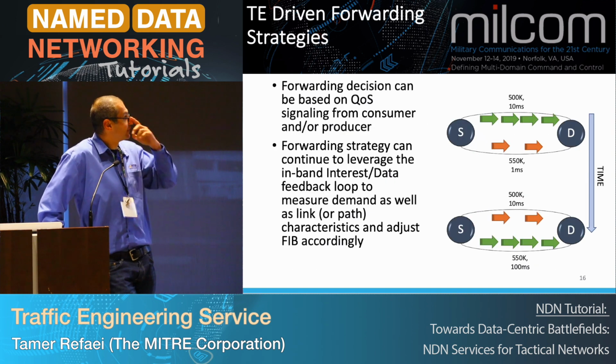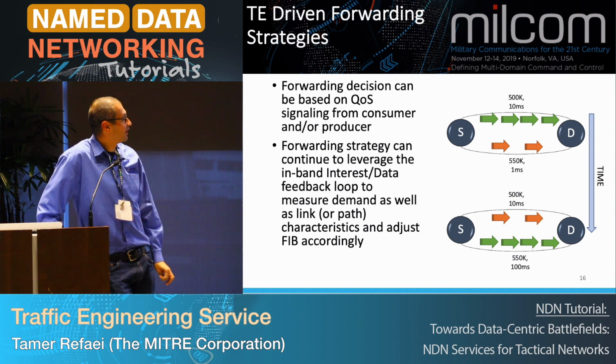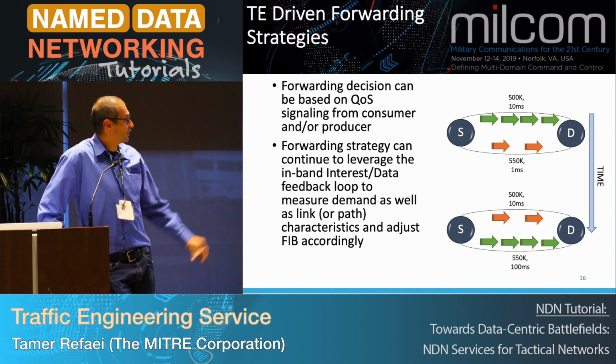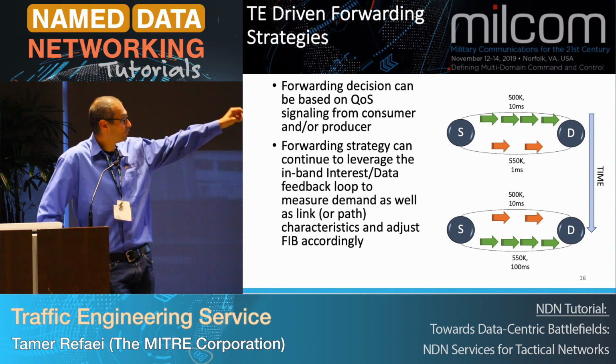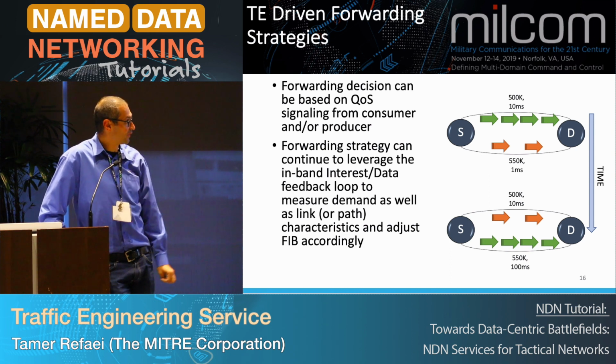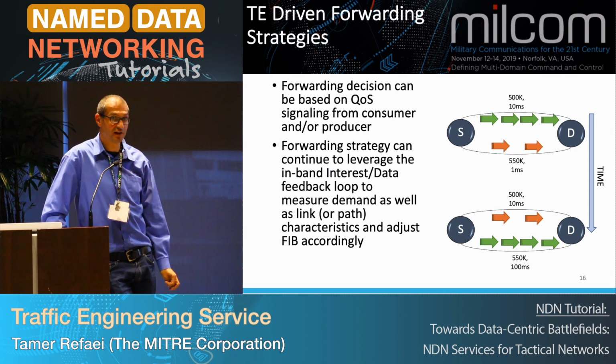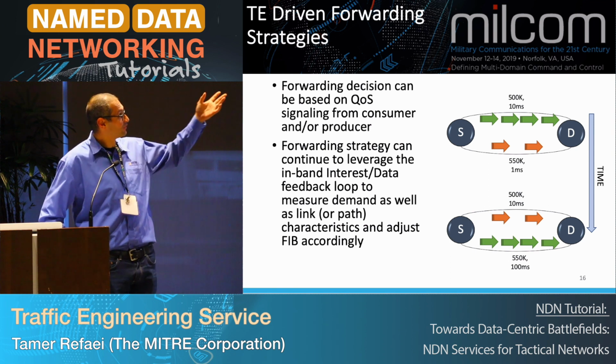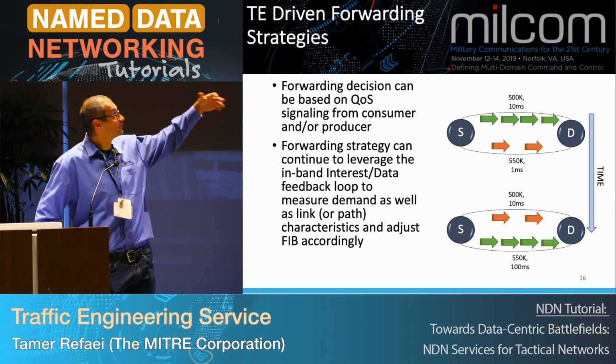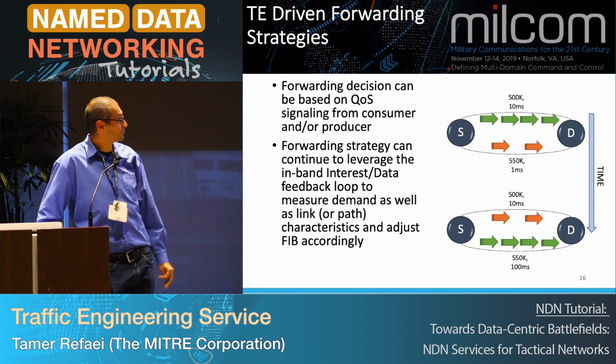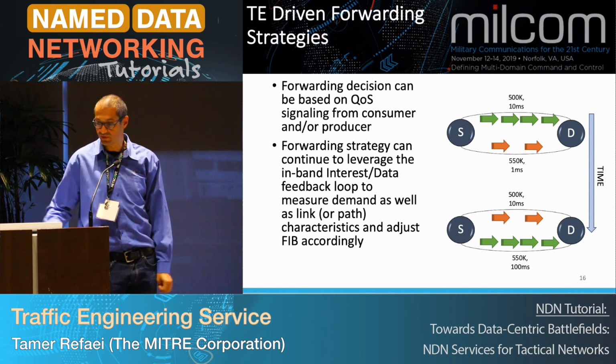So this is basically the idea: leveraging this in-band interest data feedback loop to be able to measure. I know when I sent things, and I know when I received the data back, and I can look at the time and figure out how long. So the quality of service signaling really could come from the consumer or the producer, and then you use the feedback loop to measure what you have.